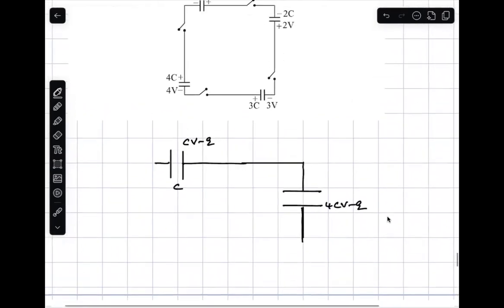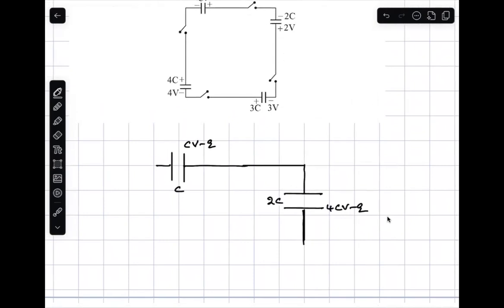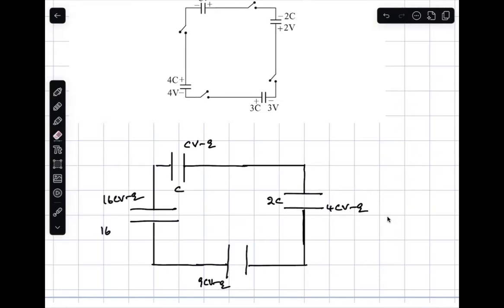And what is the capacity? Oh, 2C. Next, 9CV minus Q. Next, 16CV minus Q. And by the way, the capacity is 4C, the capacity is 3C.